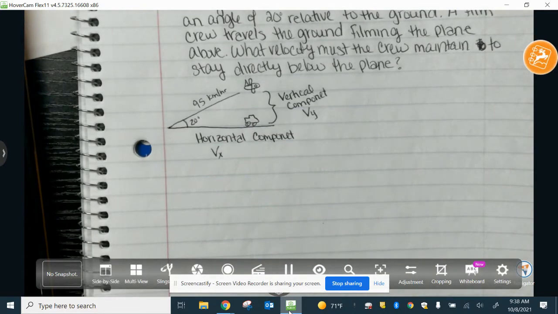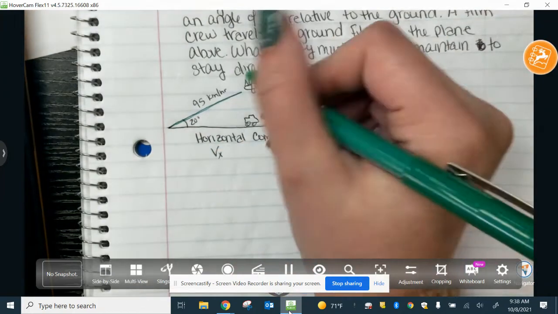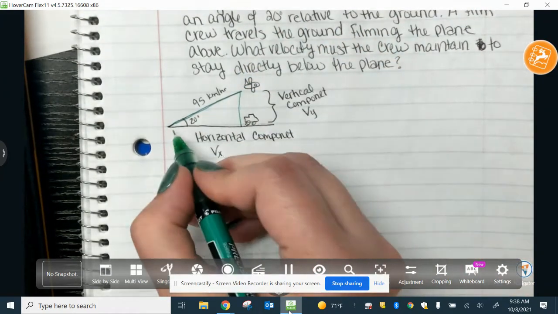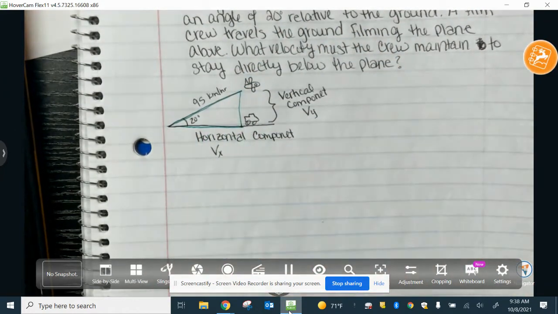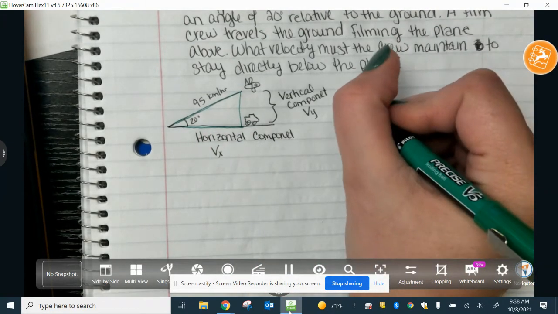You can also look at this like a triangle. So we have my hypotenuse, my x, and my y. So as a triangle, across from that angle is my opposite leg.